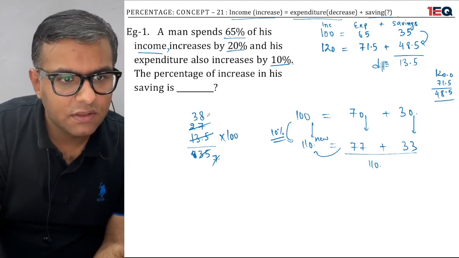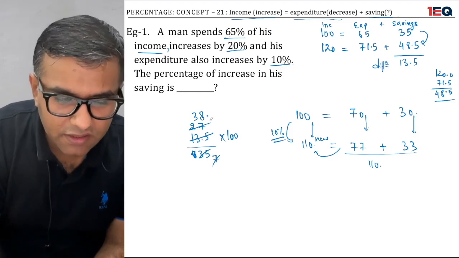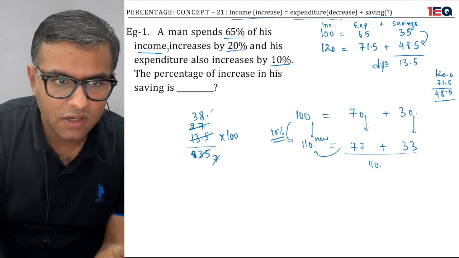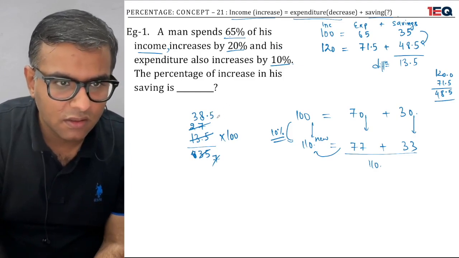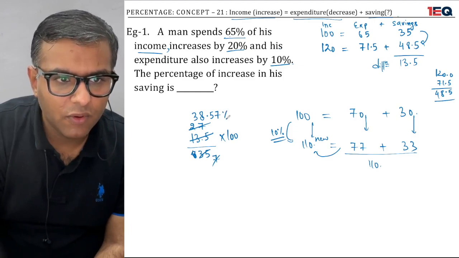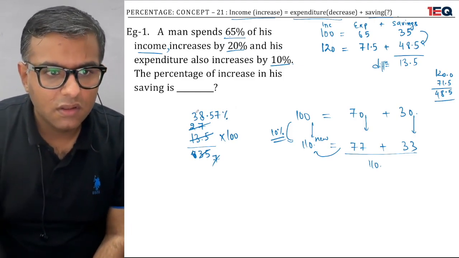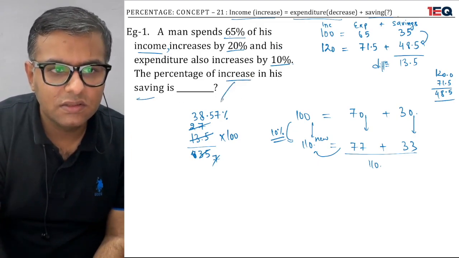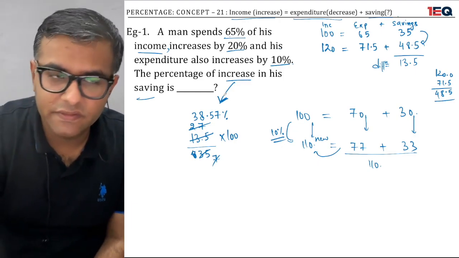Another decimal needs to come here. Another 4, 5, 7, 7. So 38.57 is the increase in his savings.